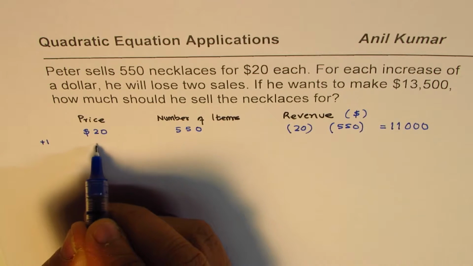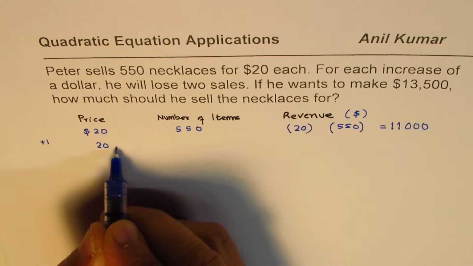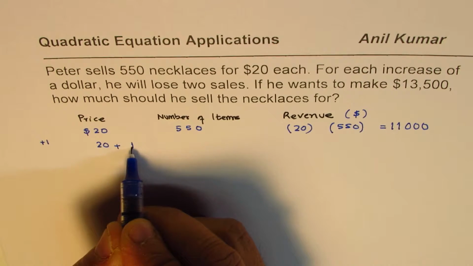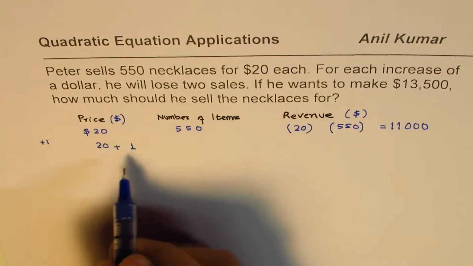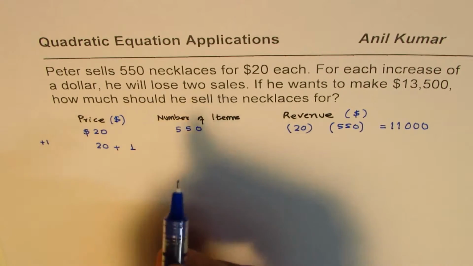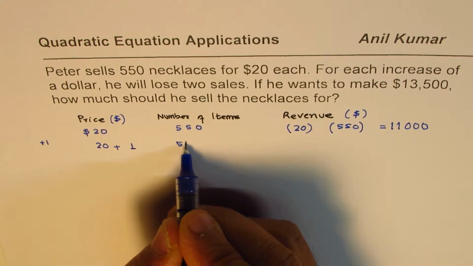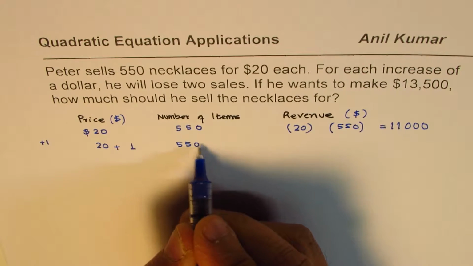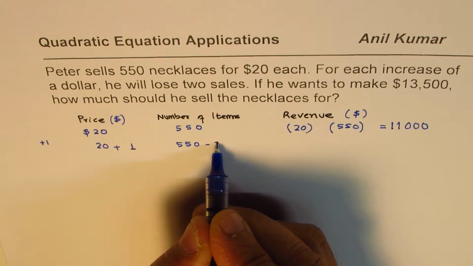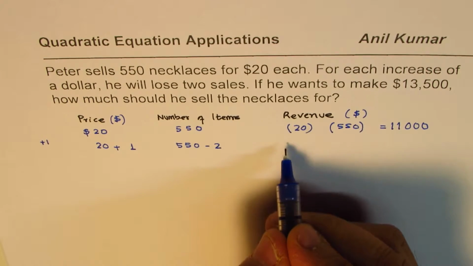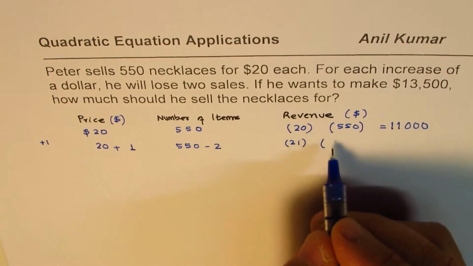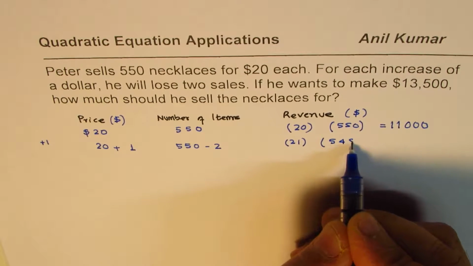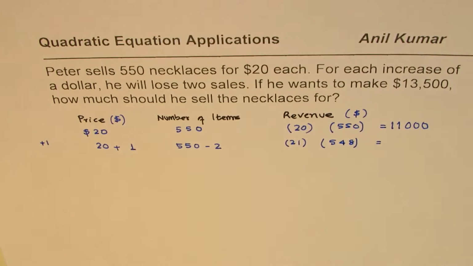If I increase the price from 20 to, let us say, 21, it's all in dollars, then he will lose 2 sales. Items sold will be 550 minus 2, which is 548. So we get 21 times 548, and let's see what revenue we get.